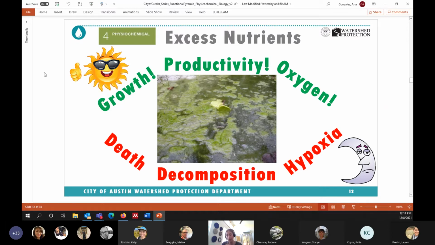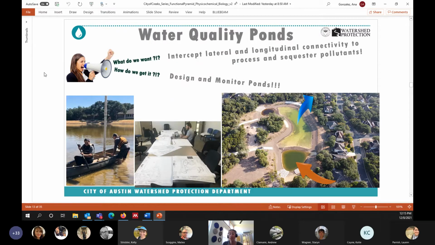Taking all that oxygen, you deplete the oxygen in the water column, and that leads to what we call hypoxic or anoxic, low or no oxygen conditions, and things like fish kills. So excess nutrients, just like excess sugar, are not a good thing. We recognize as a department that nitrogen excess is a problem, and it's not just nitrogen, it's phosphorus, as I mentioned, the two main nutrient problems.